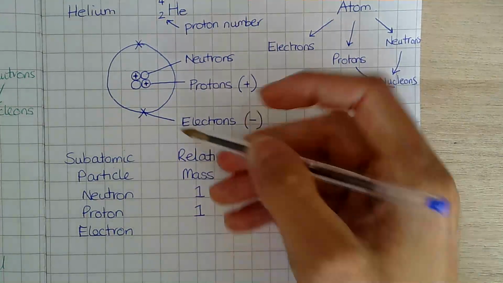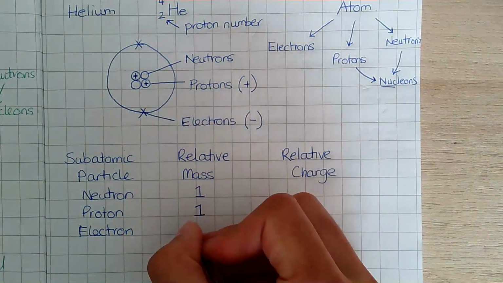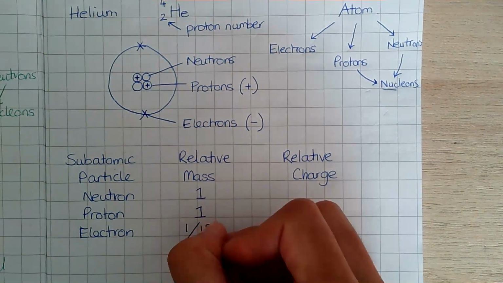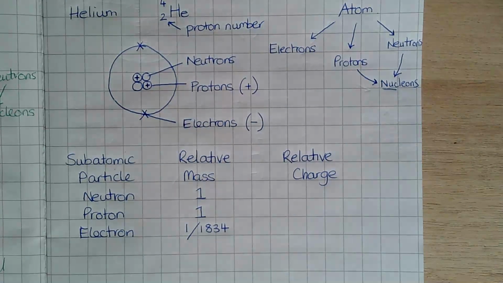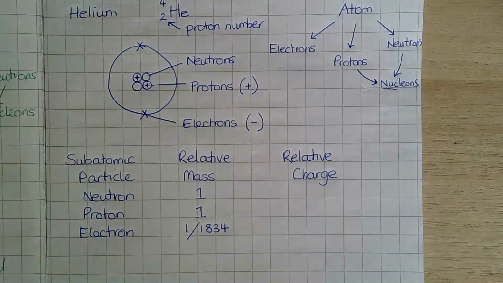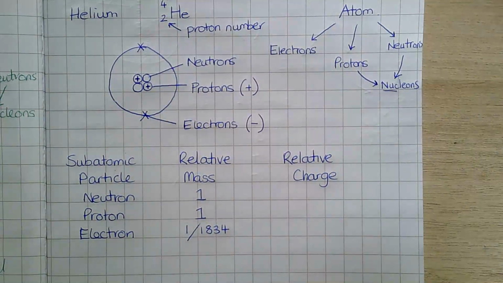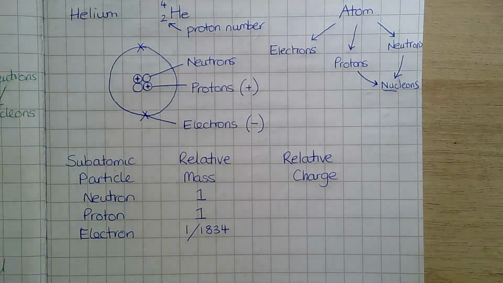Well, for an electron, the electrons are much smaller. They are 1,834 times smaller, and it's really important that you know this value. It's not 0. You could say it's negligible, but the actual value is 1 over 1834.